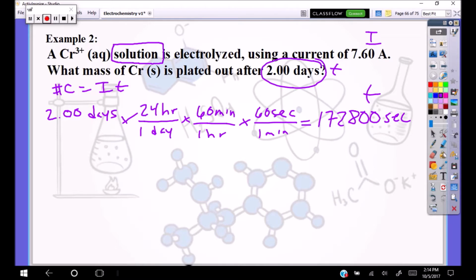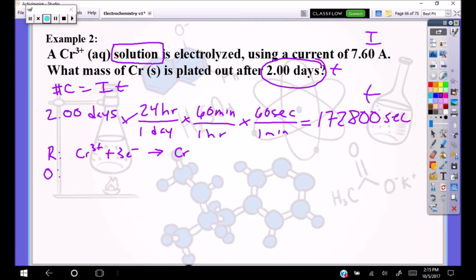All right. So in this case, we know that since it's solution, there's nothing else in this solution, so we can assume that our reduction reaction is going to be our Cr3 plus our 3 electrons, and we will get Cr out at the end. What else is in our solution if we don't have any other ions?